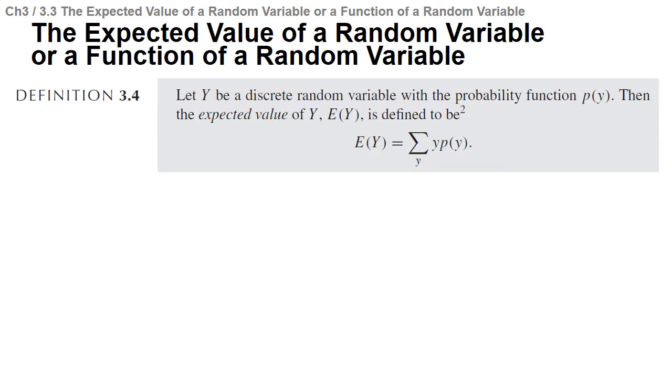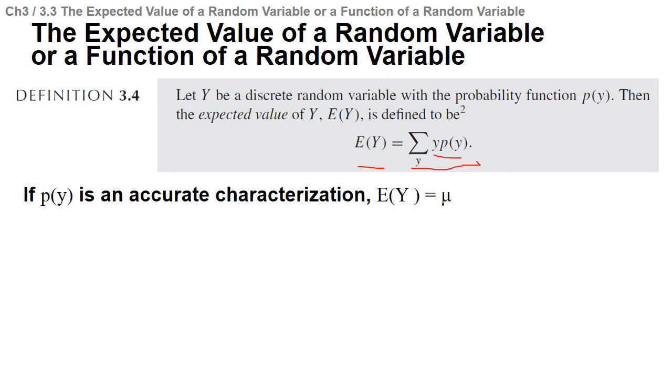Okay, chapter 3.3 is about the expected value of a random variable or a function of a random variable. Definition 3.4 is about the definition of expected value. Let Y be a discrete random variable with the probability function p(y). Then the expected value of Y, E(Y), is defined to be this: E(Y) equals the sum of y times p(y).